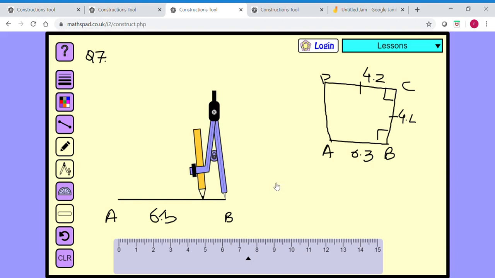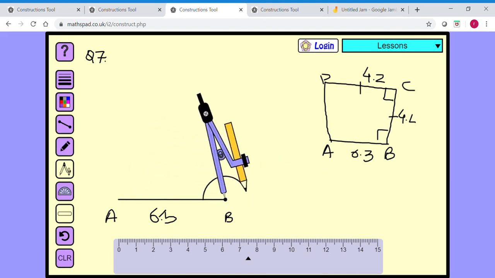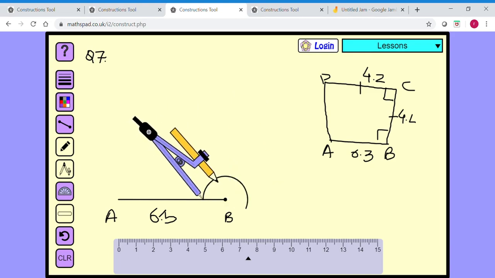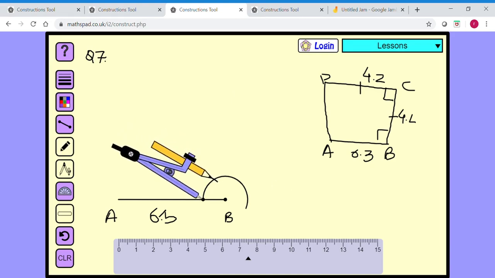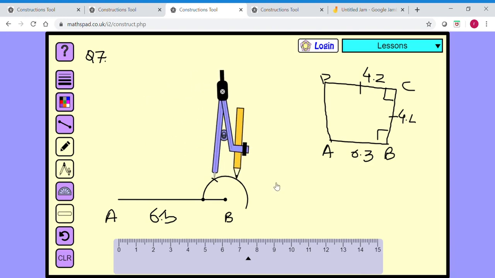So I take a span of my choice, make a semicircle, pick it up, keep it at this point where it intersected AB, and cut my arc. This will give me 60. I pick it up, keep it at the 60 point, and this will give me 120.